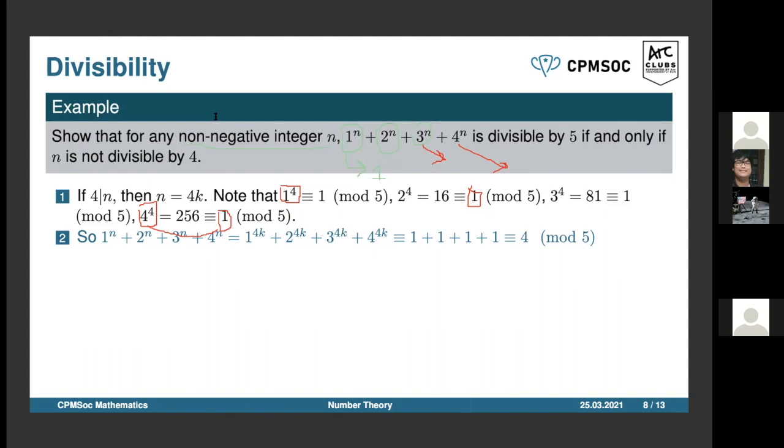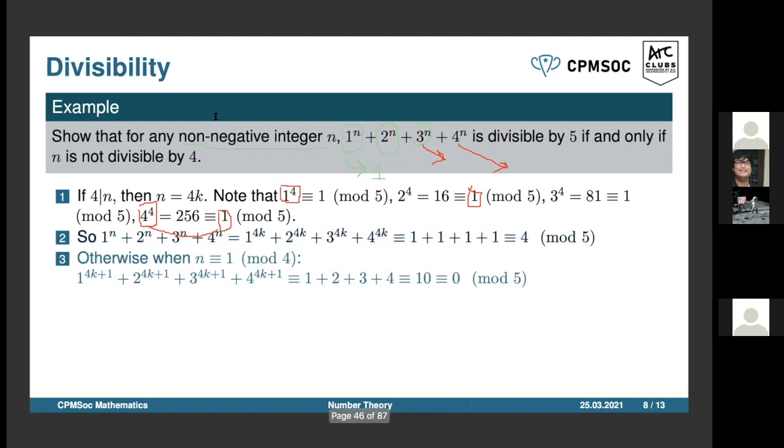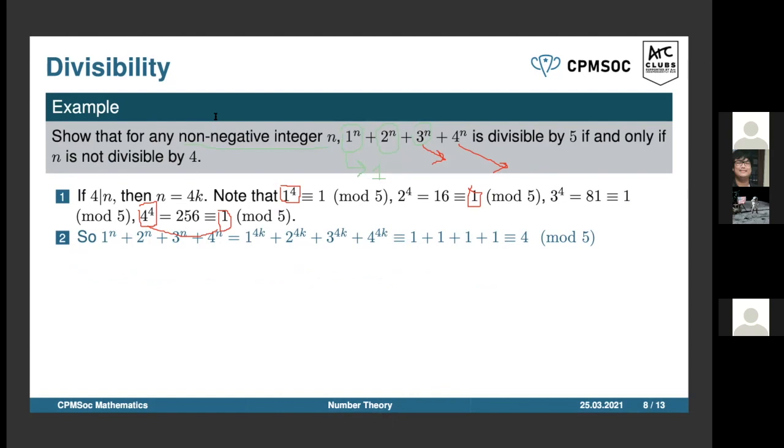So the first case is when n is a multiple of 4. If n is a multiple of 4, you can write n as 4 times k for some non-negative integer k. Now we can replace this expression with all the exponents being 4k.